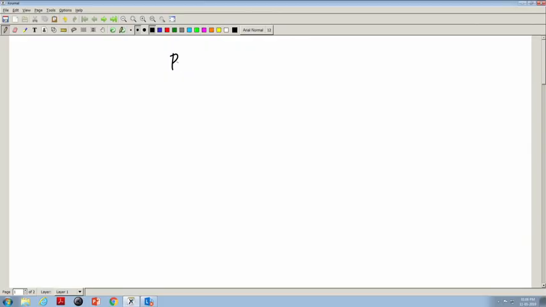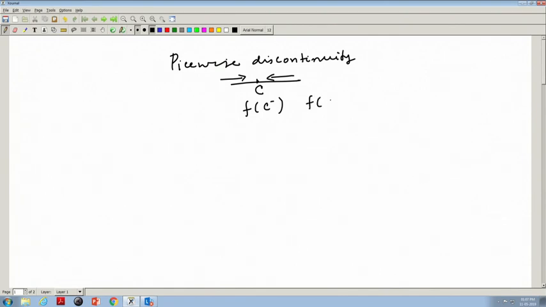Piecewise discontinuity means, say at any point C, if you approach from the increasing side, we call this f(C minus), and if I approach from the other side, we call it f(C plus). If these are both valid but not exactly equal, then it is a jump discontinuity.